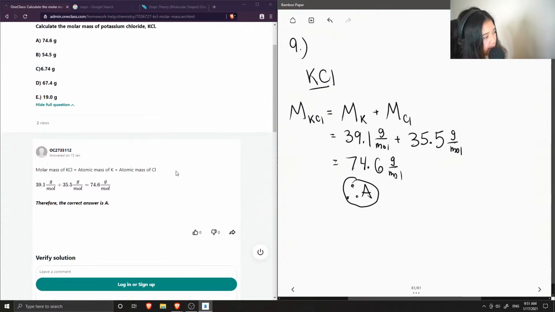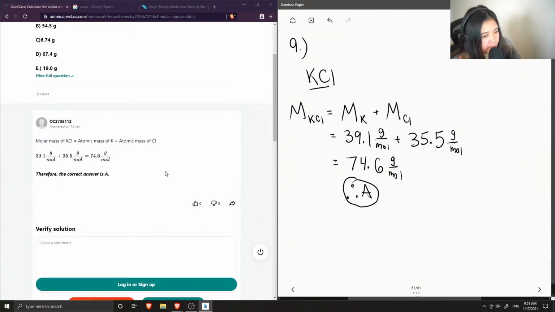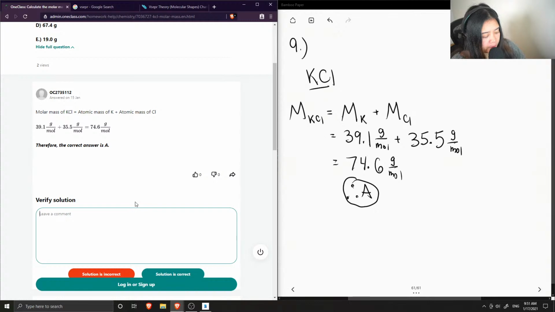Molar mass is equal to the atomic mass of potassium plus atomic mass of chlorine. And they also got 74.6. So the solution is correct.